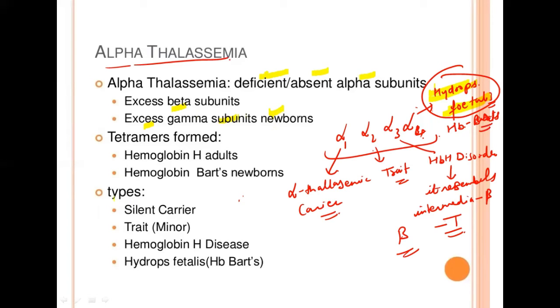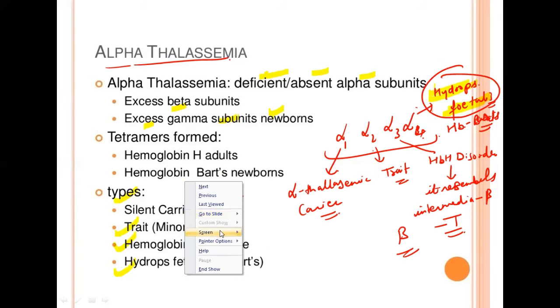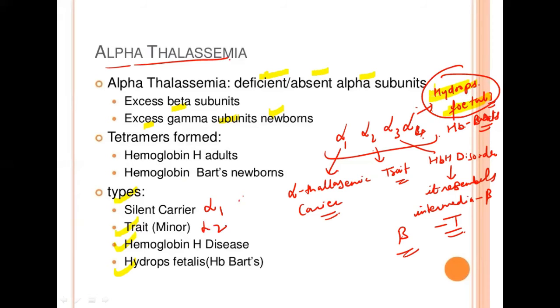So there are various types: carriers, trait, hemoglobin H disease, hydrops fetalis, Hb Barts. As I have already discussed, this is due to deletion of alpha 1, alpha 2, alpha 3, and alpha 4, right?